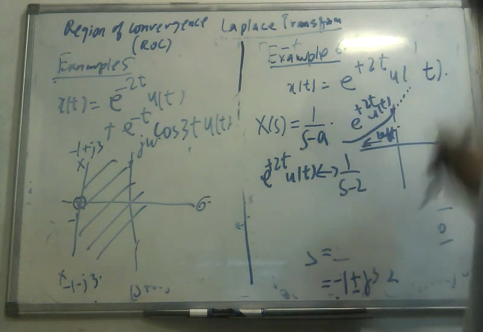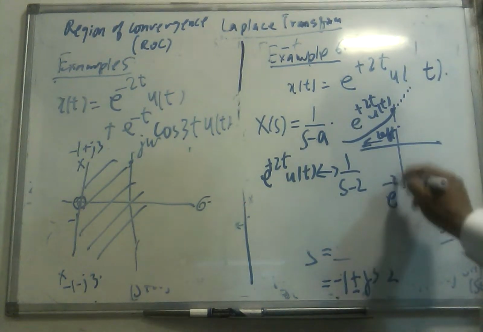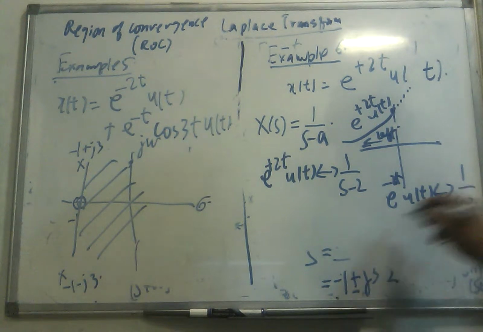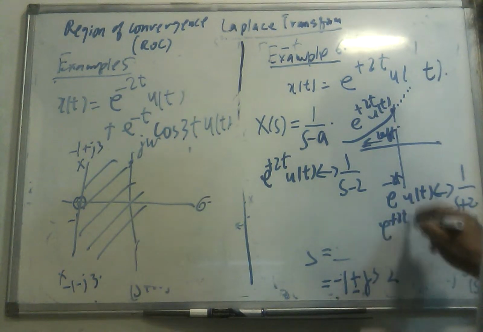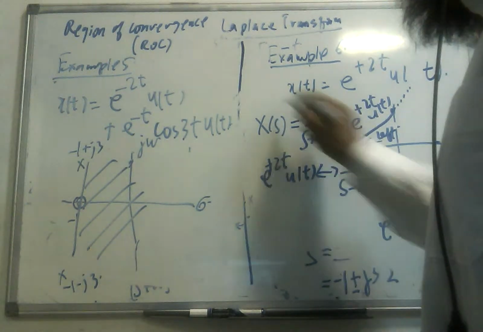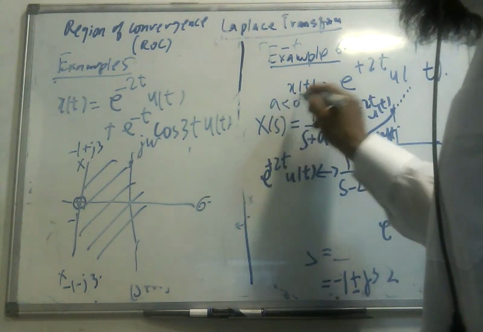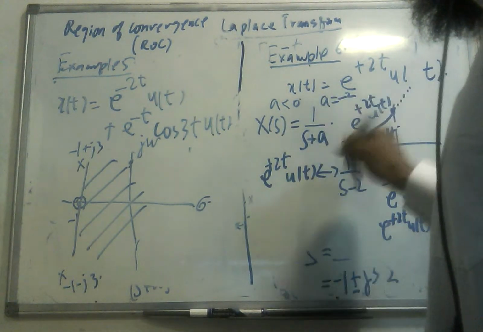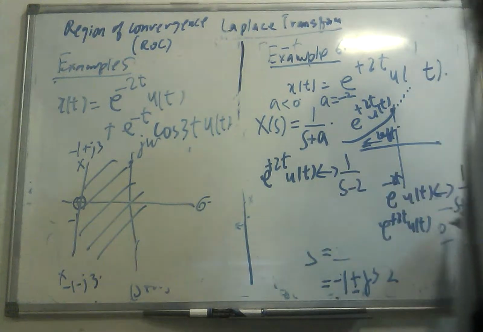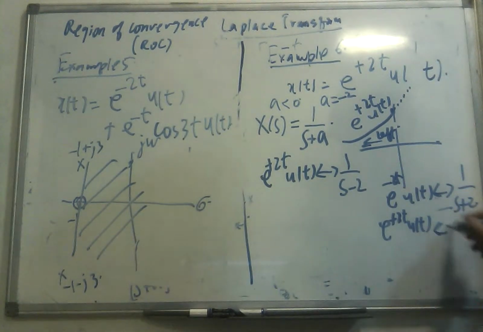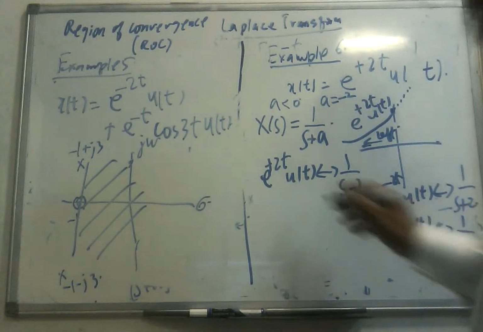The reason is simple: when we have e raised to minus 2t u of t, the Laplace is 1 over s plus 2. When I have e raised to plus 2t u of t, then it is s plus a, but a is minus 2. So this is 1 over s minus 2.